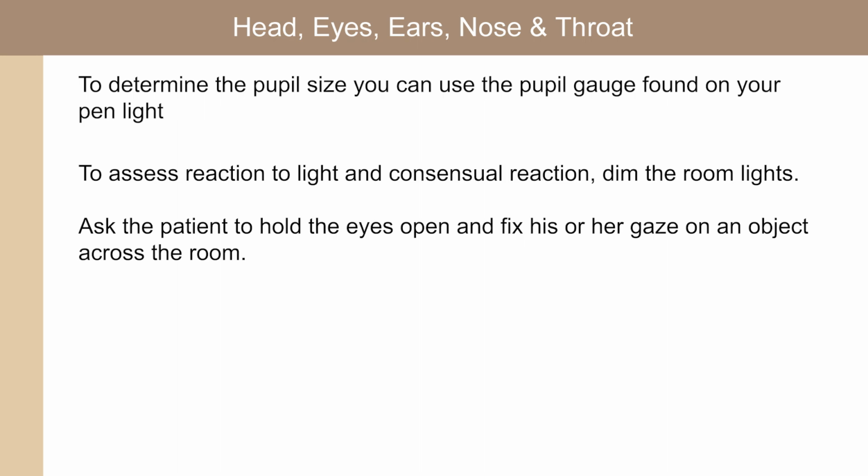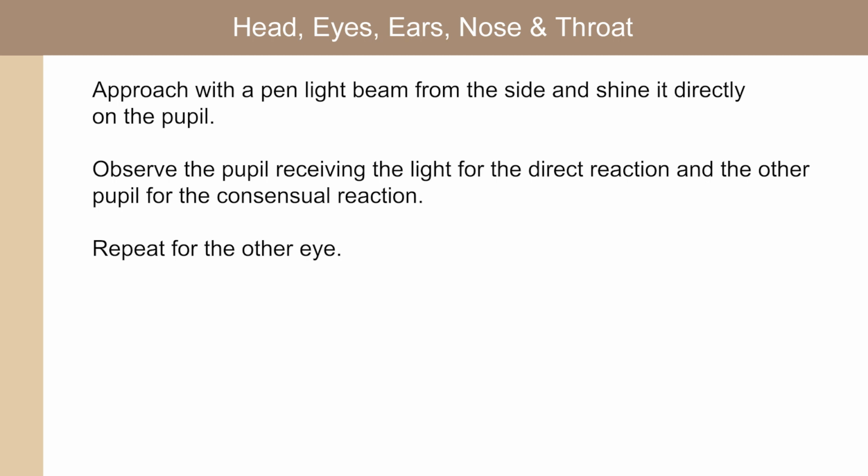To assess reaction to light and consensual reaction, first dim the room lights. If possible, ask the patient to hold the eyes open and fix his or her gaze on an object across the room. Approach with the pen light beam from the side and shine it directly on the pupil.